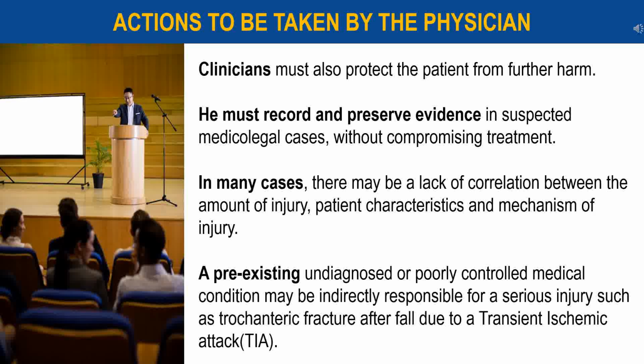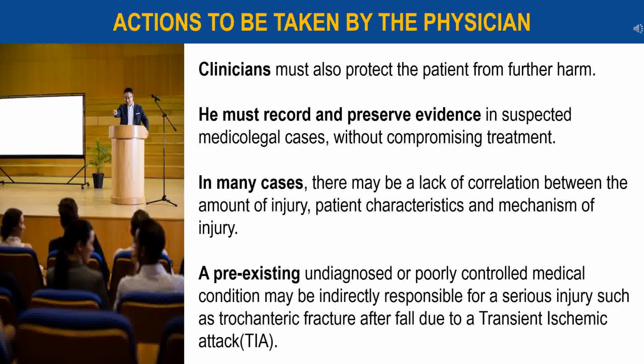In many cases, there is a lack of correlation between amount of injury, patient characteristics, and mechanism of injury. For example, a healthy looking, middle aged woman who bends to lift a box and sustains a vertebral fracture of her spine may be suffering from advanced osteoporosis with weakness of the vertebral bodies. Here, the physician should not only treat the local injury but also investigate and treat the underlying weakness of the skeleton, thus reducing the risk of a future fracture.